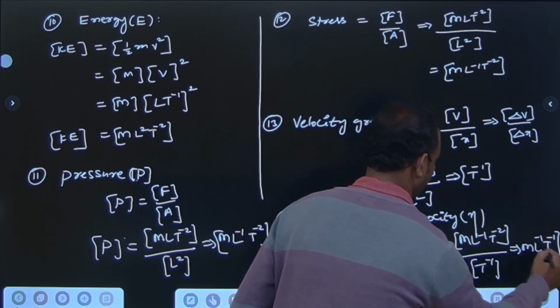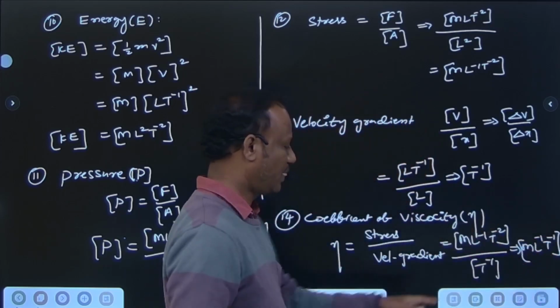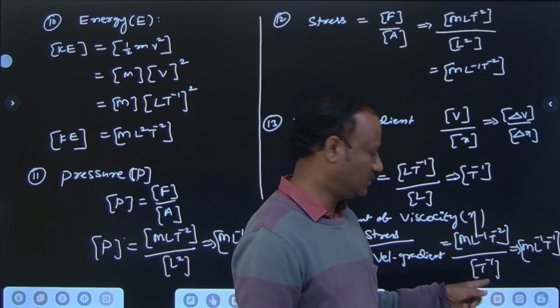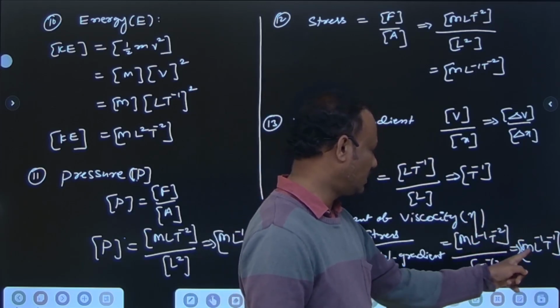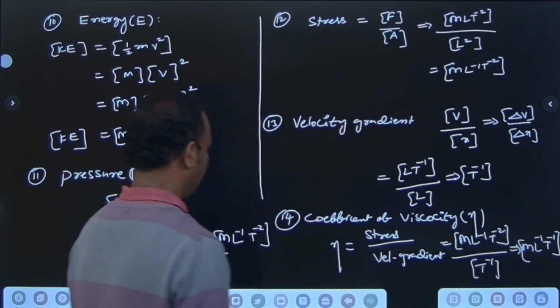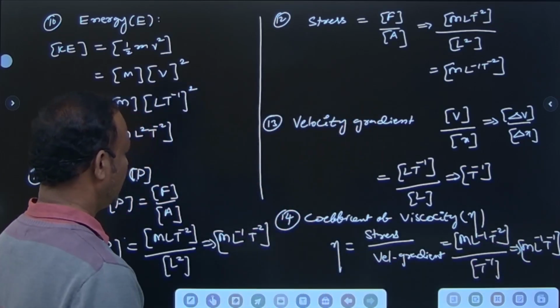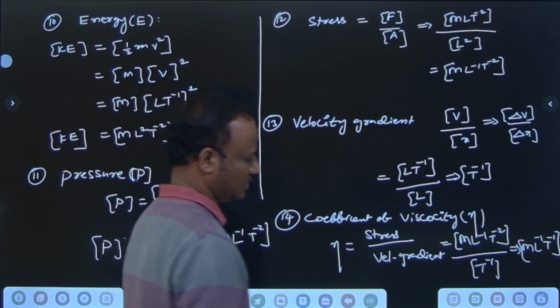T minus 1 becomes T plus 1 when transposing, and minus 2 plus 1 is minus 1. So ML minus 1 T minus 1 is the dimensional formula of the coefficient of viscosity.